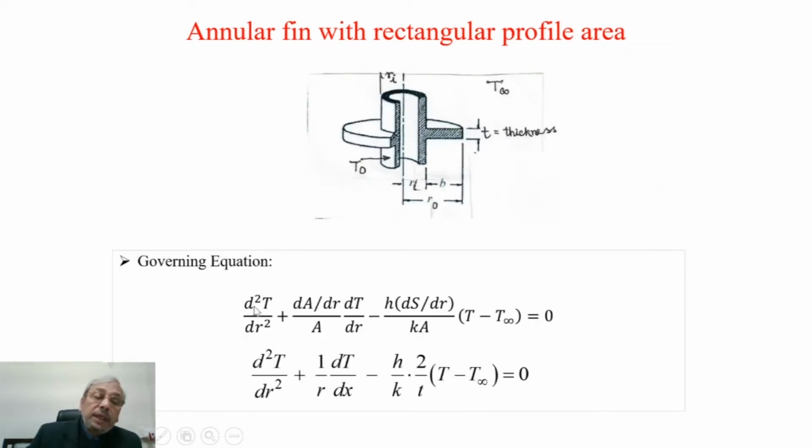So the governing equation is d2T by dr2 plus (dA by dr over A) dT by dr minus (h dS by dr over kA)(T minus T infinity), our usual governing equation, equal to 0. Now if we substitute our dA by dr over A and dS by dr over A, we will get d2T by dr2 plus 1 by r dT by dr minus h by k times 2 by t times (T minus T infinity) equal to 0.